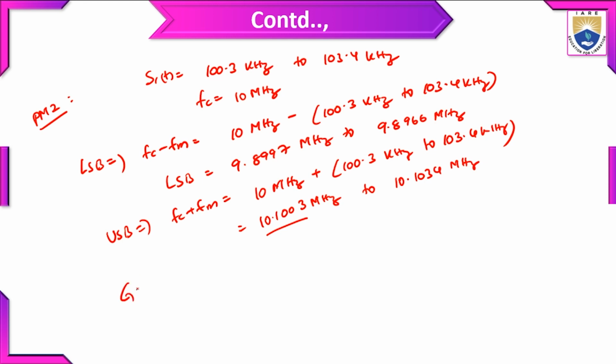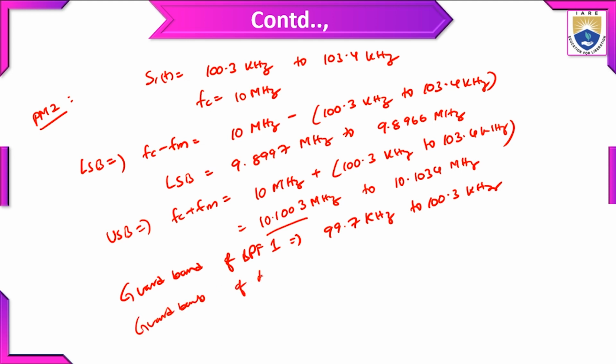So guard band of band pass filter 1 is 99.7 kilohertz to 100.3 kilohertz, and guard band of band pass filter 2 is 9.8997 megahertz to highest is 10.1034 megahertz.